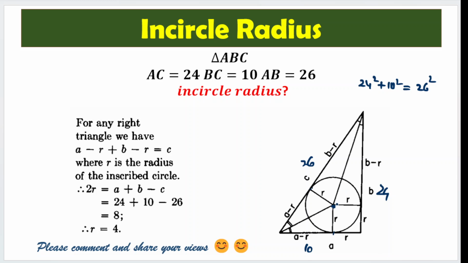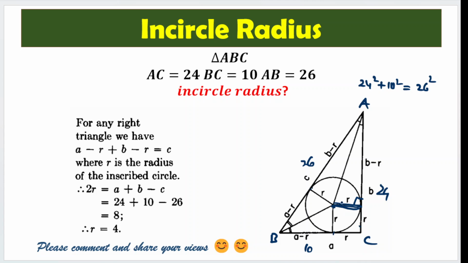Now, if you see this diagram, this is r, let's say. Let's say this is triangle, this is A, this is B, and this is C. Opposite A, this length of side is a, opposite B this length is b, and this length is c. Now, this radius is r.